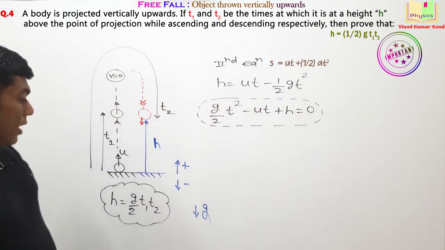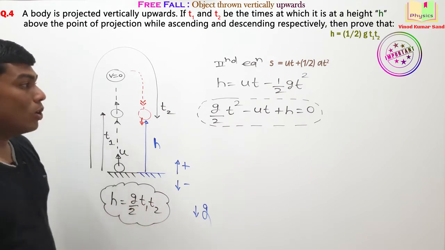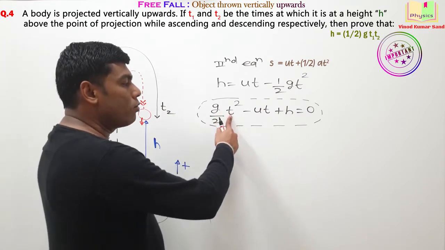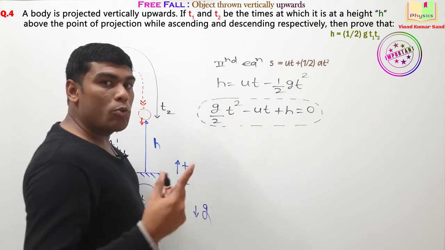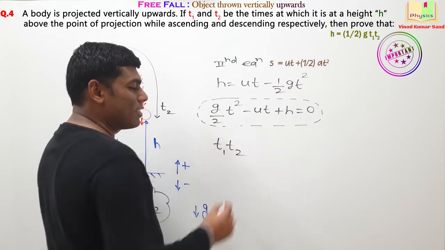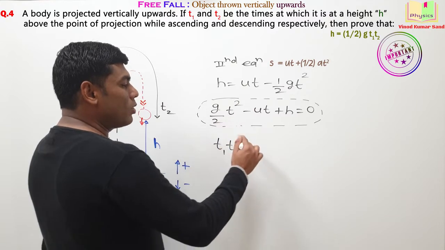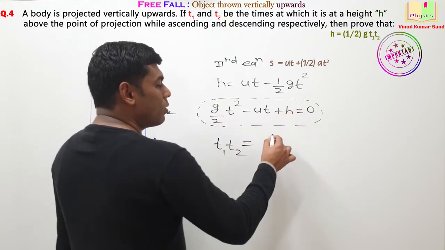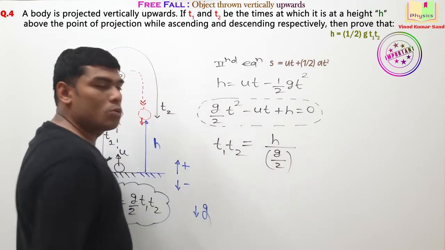Yes. Now we need the multiplication of t1 and t2. This quadratic equation will have two roots of time, namely t1 and t2. And how can we find the multiplication of the roots? You remember the formulas of solving the quadratic equation. If it has two roots t1 and t2, their multiplication will be equal to h divided by g by 2.